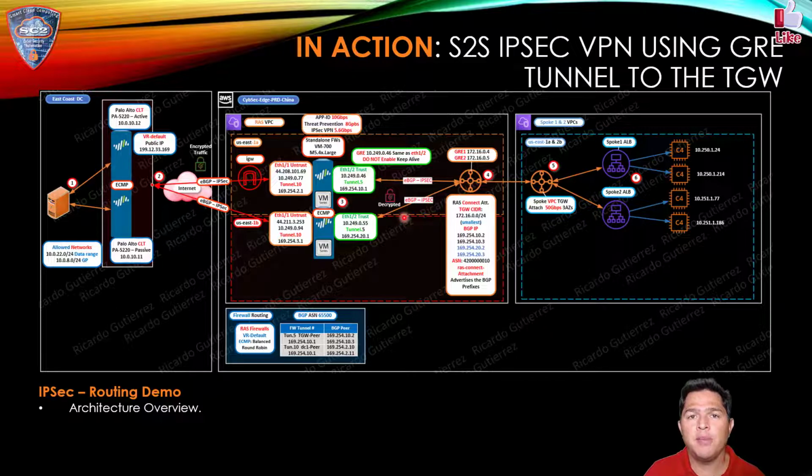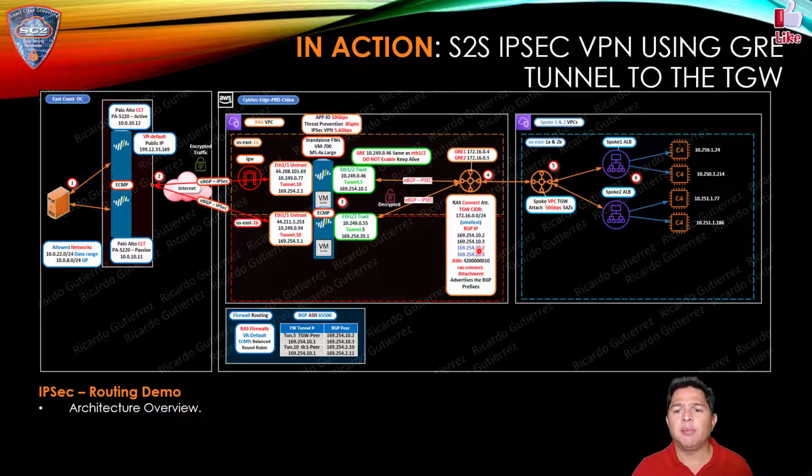It's very important to mention that the Transit Gateway needs a CIDR assigned, and the smallest one you can provide is a /24. Our BGP peers will be these IP addresses. So GRE1 will have these 2 IP addresses, and GRE Tunnel 2 will have these IP addresses.